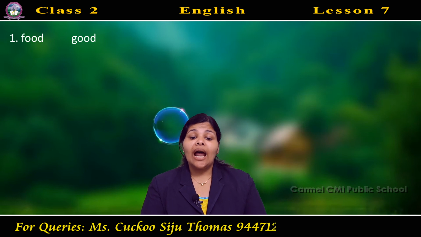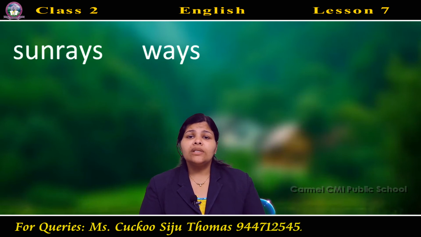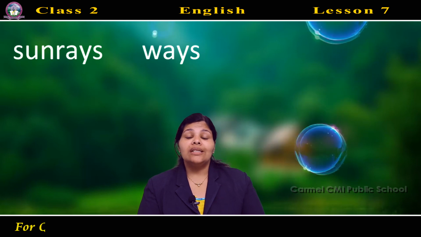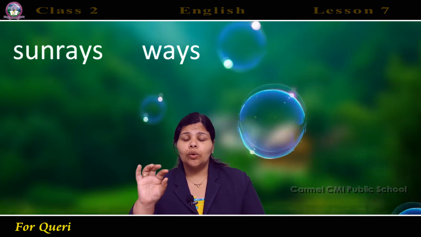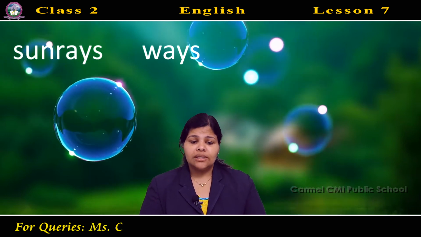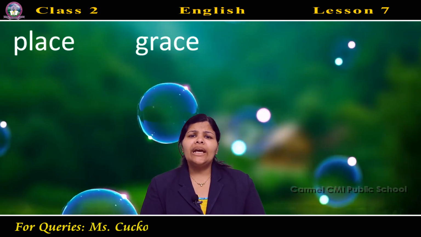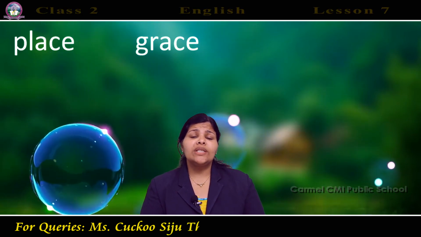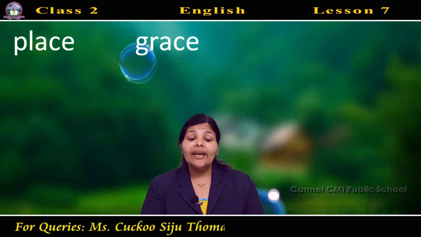Second one, sun rays. Which is the word that rhymes with that? Ways. Sun rays, ways. Look at the end part. Rays and ways, they sound the same. Next one, place. At the end there is one word that rhymes with that. Which is that word? Grace.